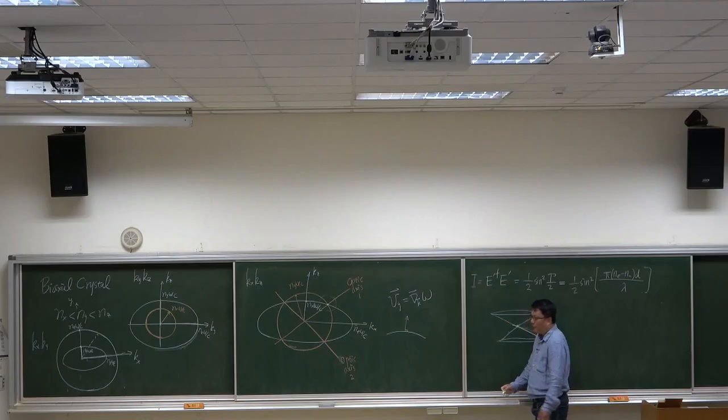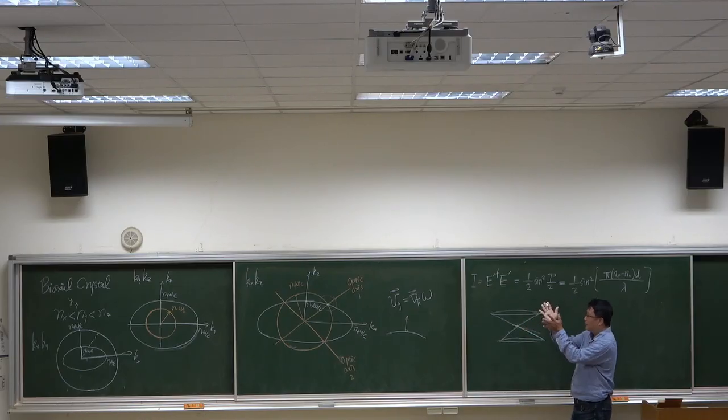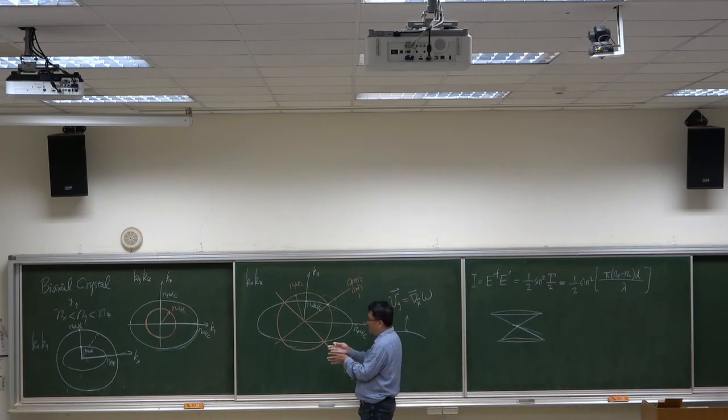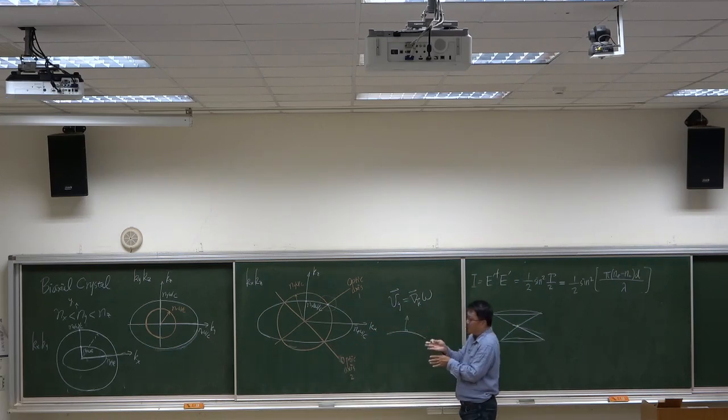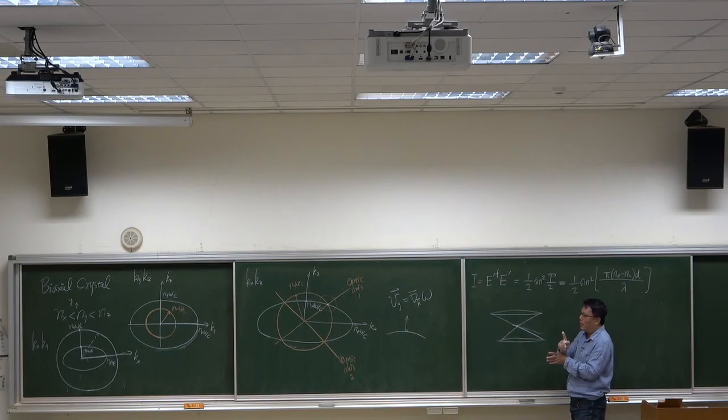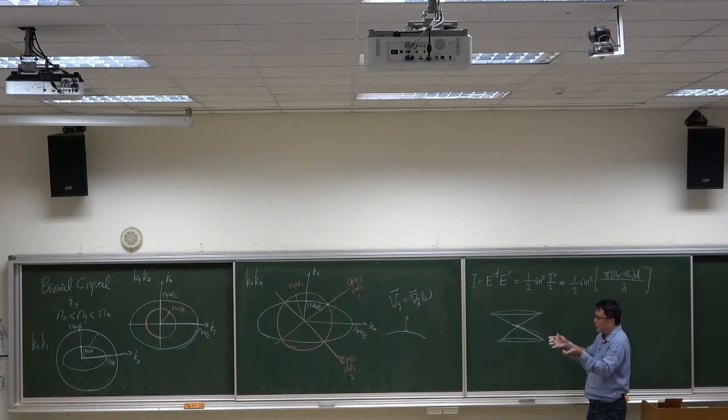In reality, when we send a beam of light into the crystal, a beam of light is not an exact plane wave. So in fact, it includes not only one K vector, but a small range of K vectors close to some central K vector.